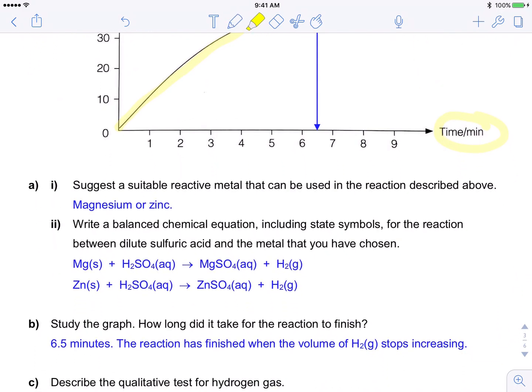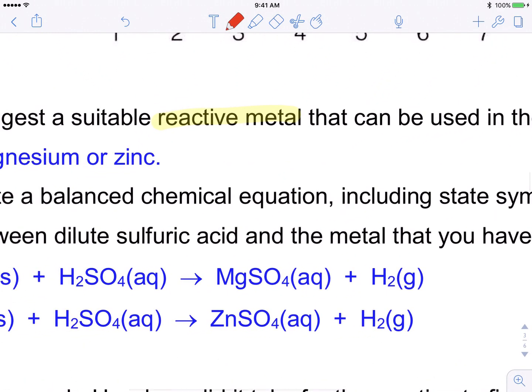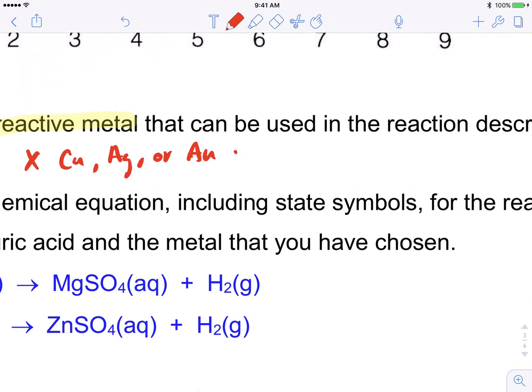Suggest a suitable reactive metal that can be used in this reaction. Any metal will do, but 3 metals are not accepted. We cannot accept copper, silver, or gold, as they are unreactive.